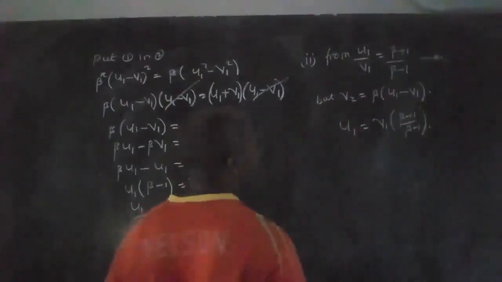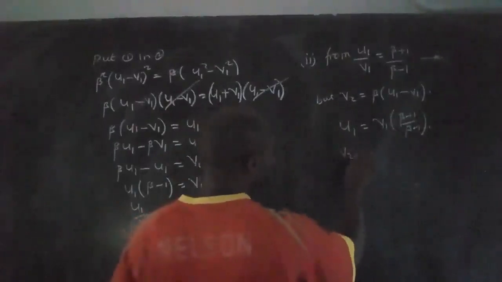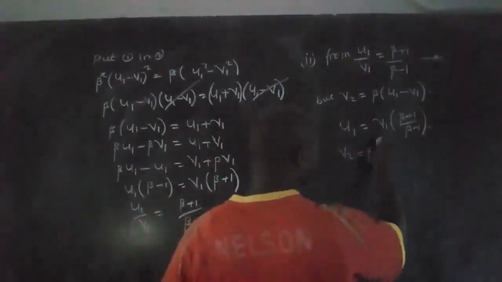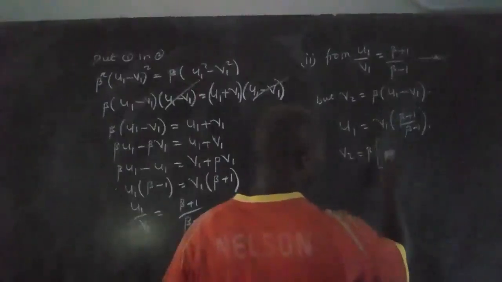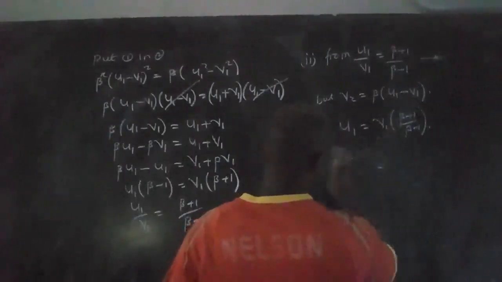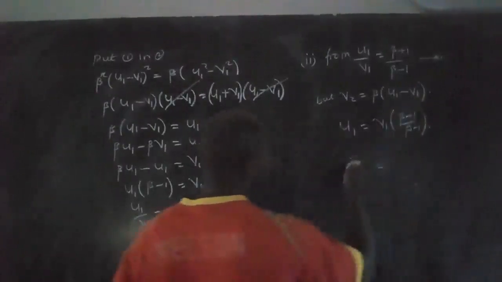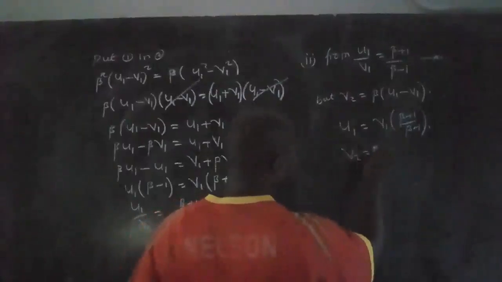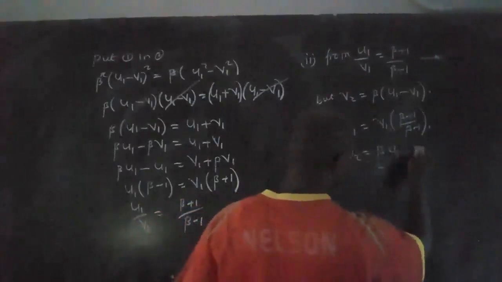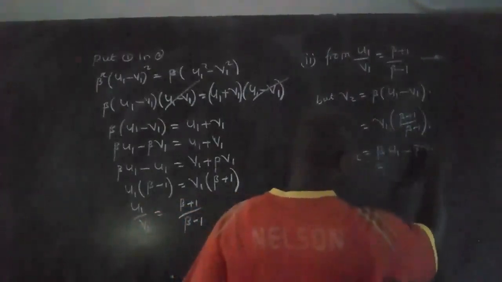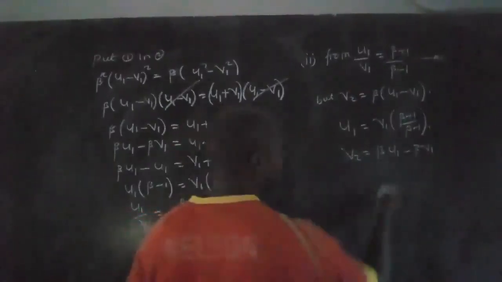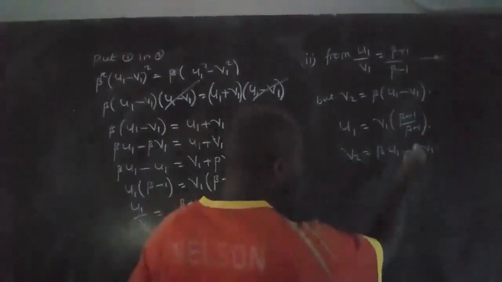So we substitute here. So v2 will become beta, okay, into, let's first open the brackets here. So v2 will become beta u1 minus beta v1. Okay. So from there we can bring this on this side, or we can substitute.